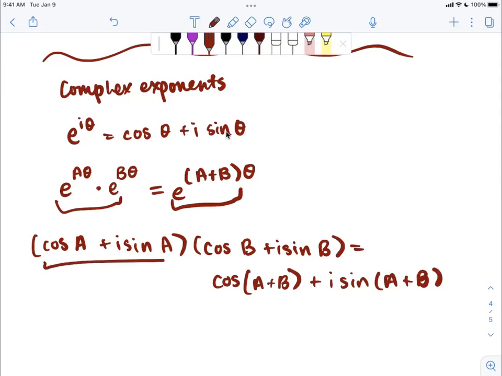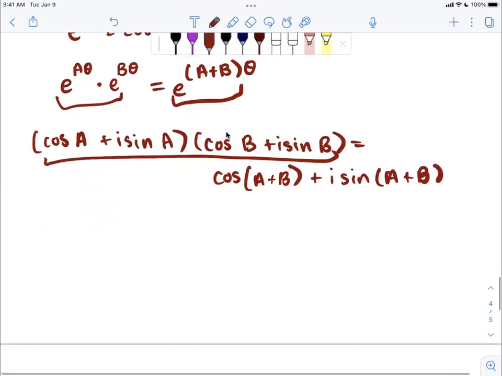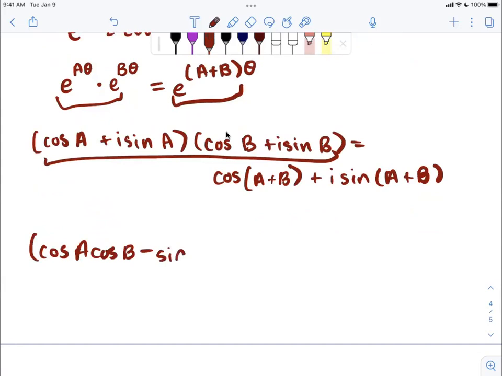Now, if you expand this out, what you'll get is cosine a cosine b minus sine a sine b, we're going to get an i squared there that turns into a minus 1, plus i times (cosine a sine b plus sine a cosine b).